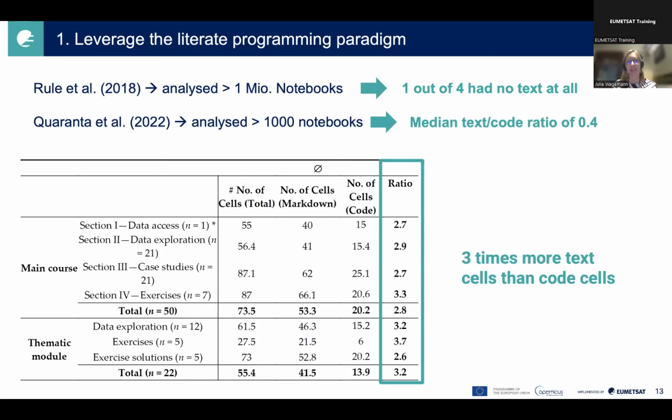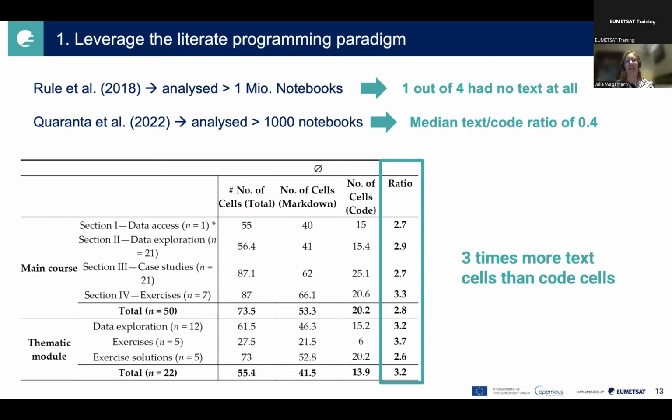But the reality looks different. There are two studies who analyzed if the literate programming paradigm is implemented in notebooks. One is by Rule et al., and they analyzed more than 1 million notebooks, and they found that 1 out of 4 of these notebooks had no text at all. It was just code. So the literate programming paradigm is not fulfilled by 25% of the notebooks that are shared.